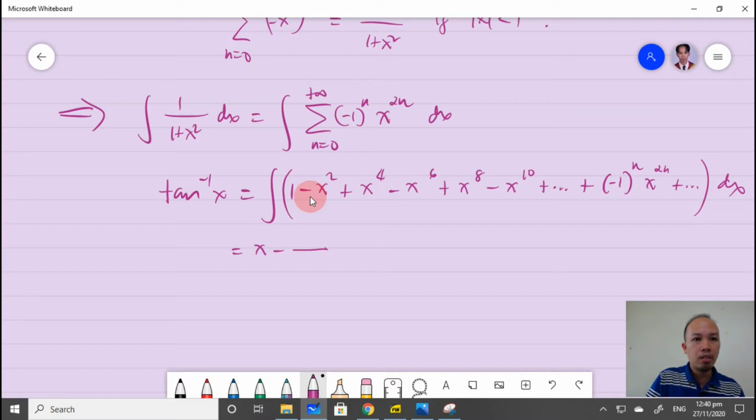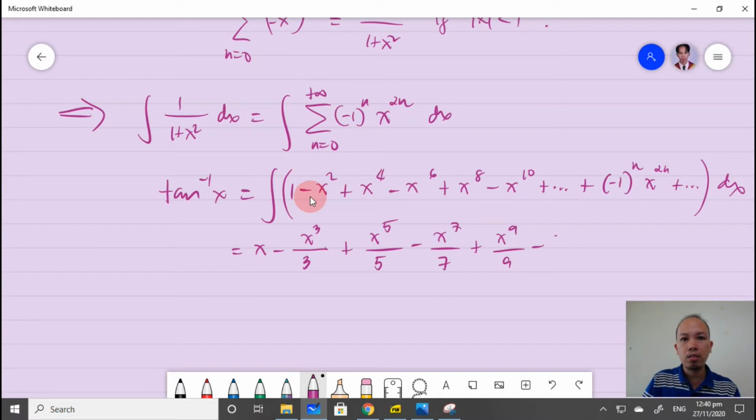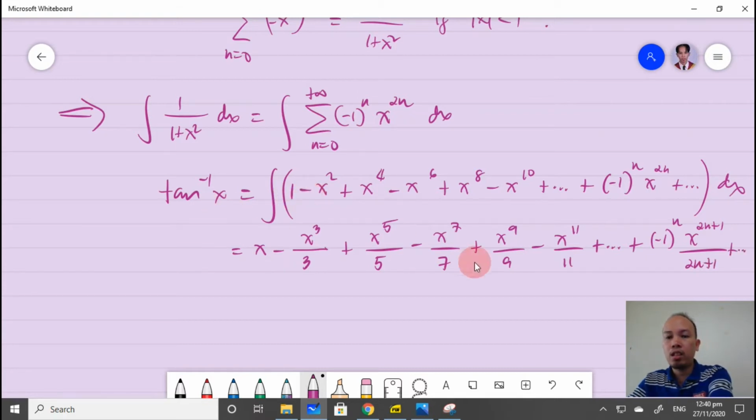We have x cubed over 3, plus x to the 5 over 5, minus x to the 7 over 7, plus x to the 9 over 9, minus x to the 11 over 11, and so on, up to negative 1 to the n, x to the 2n plus 1 over 2n plus 1, plus and so on, plus C.